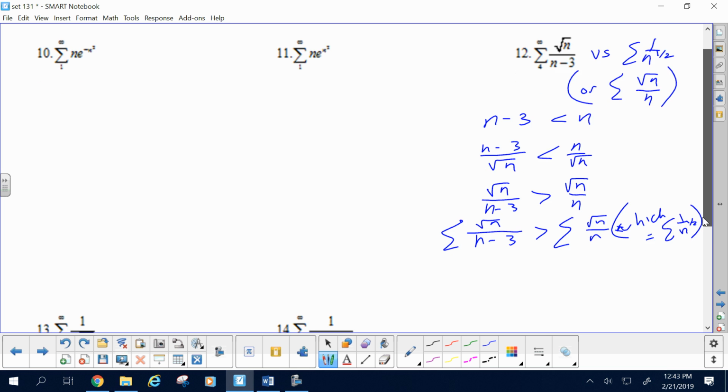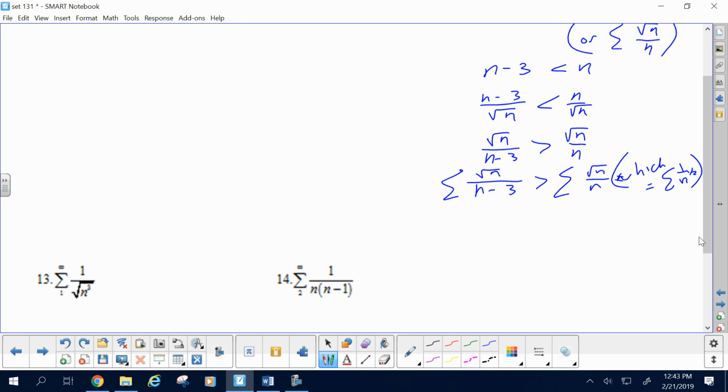And so I established that the one they ask about is greater than something that's infinite. So I could conclude that this diverges because it is greater than 1 over root n, which diverges.